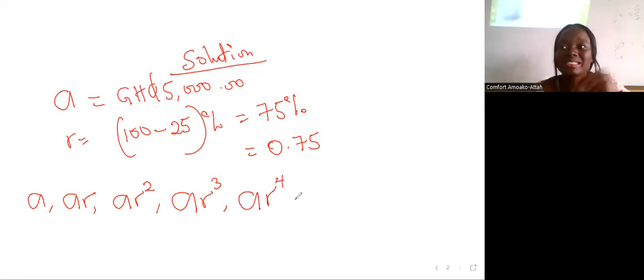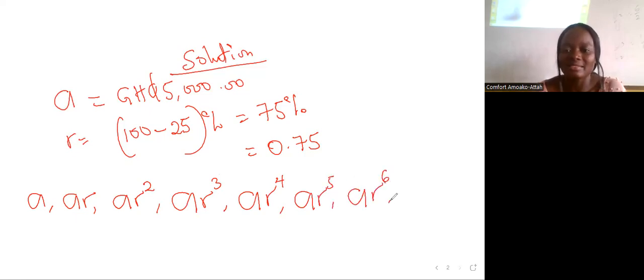We are looking at the seventh term. You understand it? Then let's go on. AR exponent 5, AR exponent 6. So let's count it: first term, second term, third term, fourth term, fifth term, sixth term, and seventh term. So it ends here. You understand it?